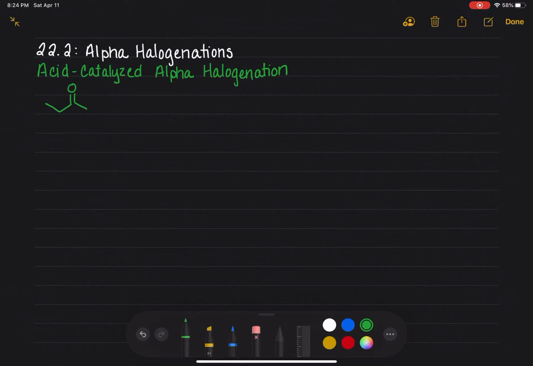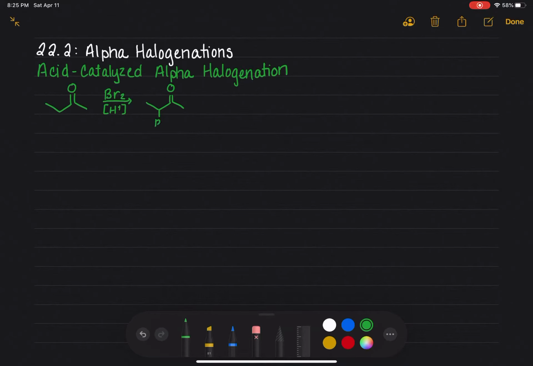I'm going to draw an asymmetrical ketone. And this reaction can be done with pretty much any one of our halogens, bromine, chlorine, or iodine, acid catalyzed. So I'm putting H plus in square brackets under the arrow because it's catalyzed. And it is going to replace one of the alpha hydrogens with the halogen, bromine in this particular case.